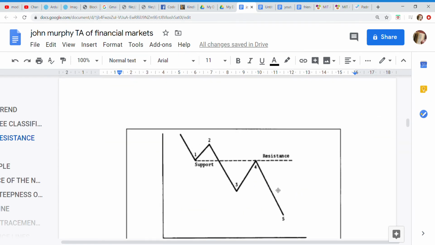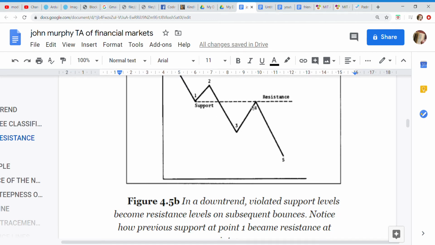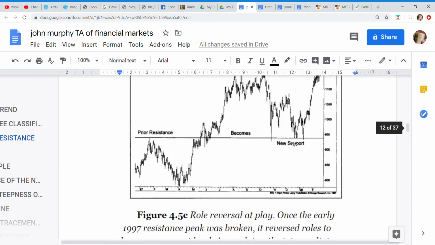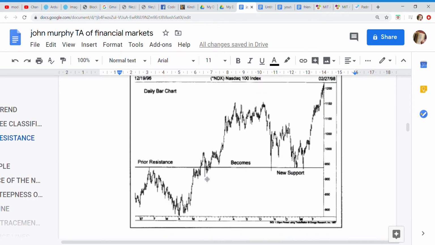Then this is vice versa for a downtrend. Support becomes resistance. So this was prior resistance. This is becoming a new support now.